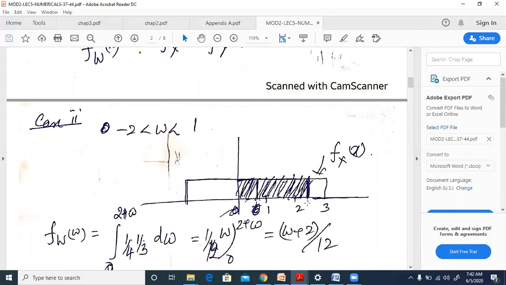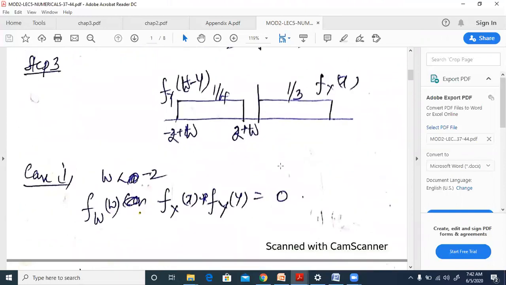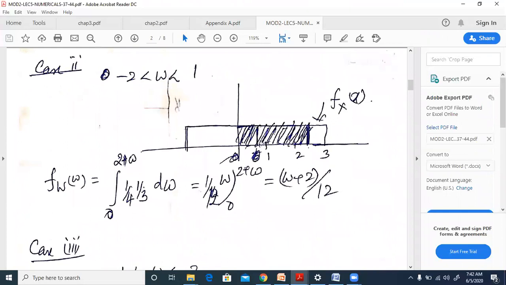This point is nothing but 2 plus w, so the overlap is between 0 and 2 plus w. That's why we have the integral here from 0 to 2 plus w. Then we'll have fxx and fyy. Fxx is 1 by 3, fyy is 1 by 4, so 1 by 4 times 1 by 3 dw, which is 1 by 12.